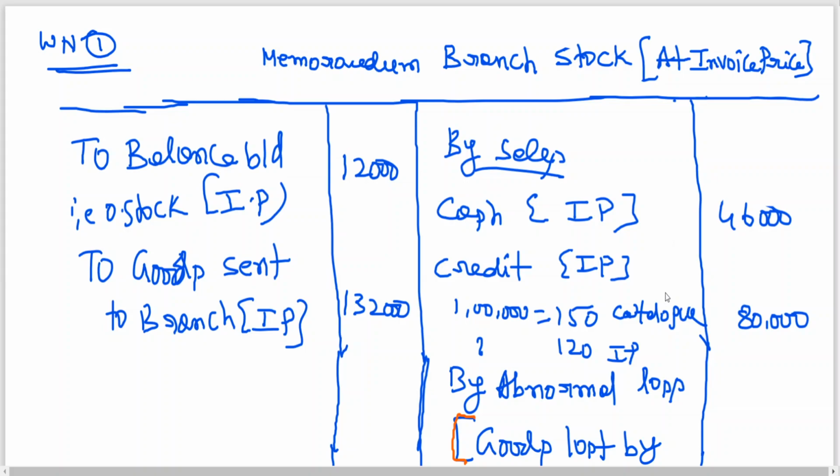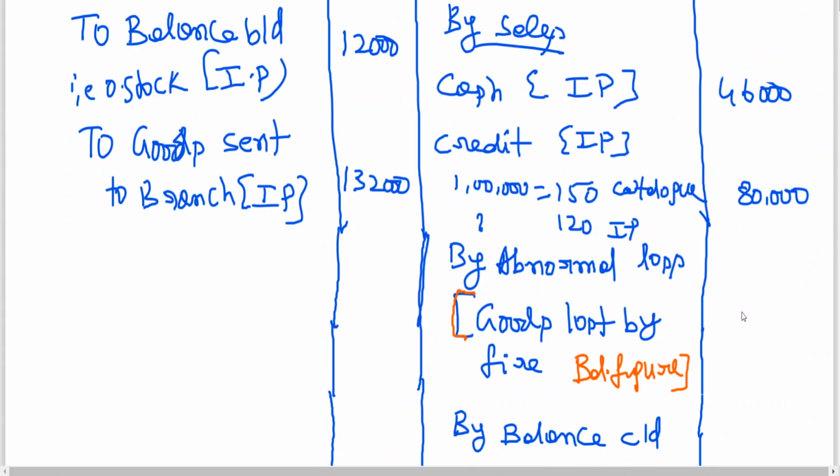So therefore, you are getting abnormal loss of 3,000. This is the balancing figure.